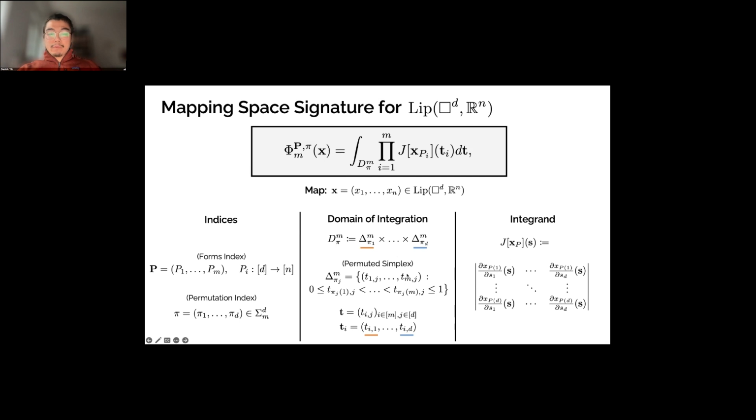In the case of D equals 1, we are reduced to a single M simplex. What might be a bit confusing is that we still have this permutation index, but it turns out this is additional information that can be quotiented out. So we're not losing anything if we don't consider permutations in the case of D equals 1.